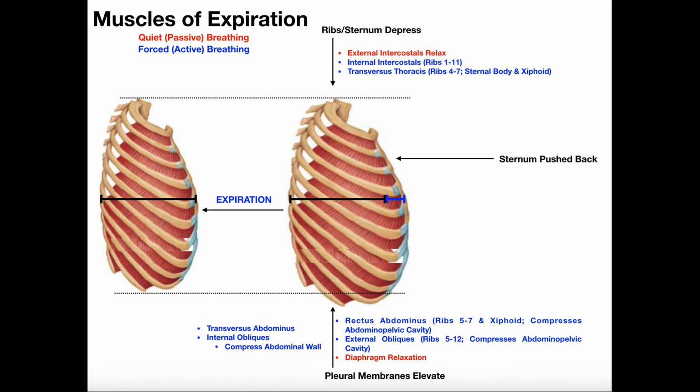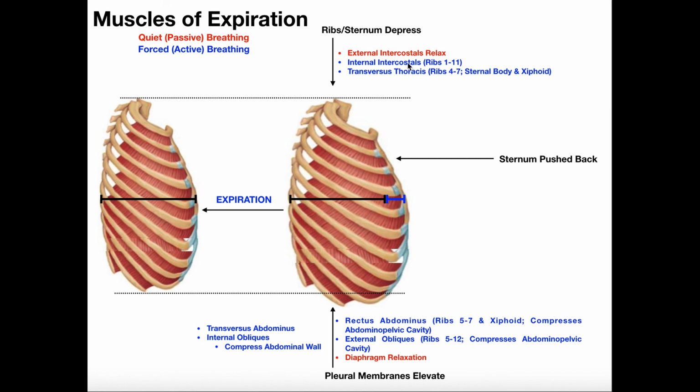For quiet expiration, it's just relaxation of the diaphragm and relaxation of the external intercostals. And so let's think about what the relaxation does. Well, the diaphragm goes back to its original size, it pushes the pleural membranes back up, and the lungs recoil back to their original size.